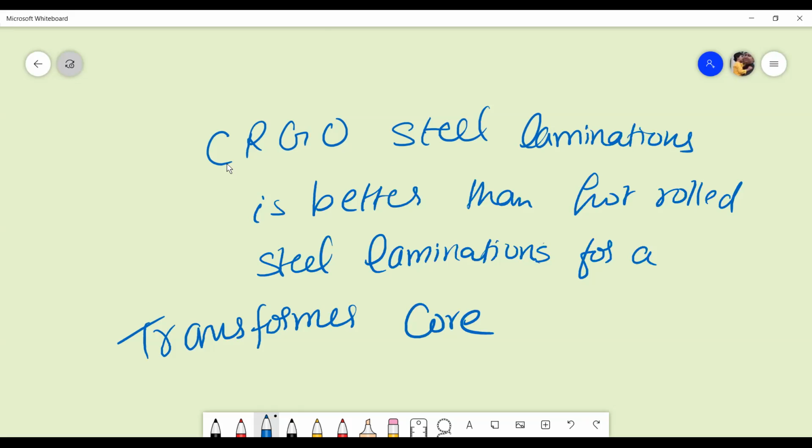Okay, and you are able to save iron and save copper.